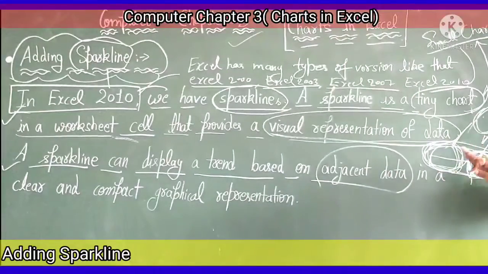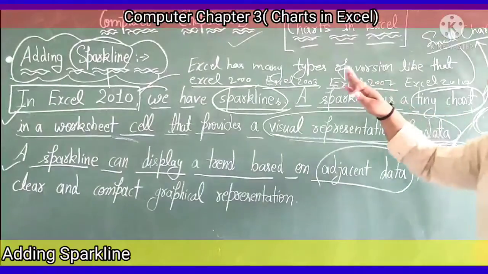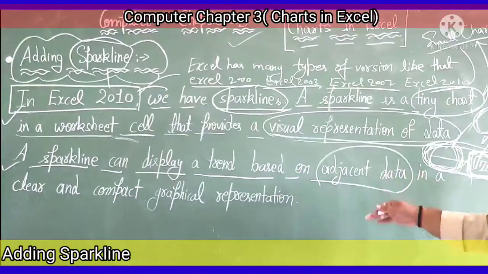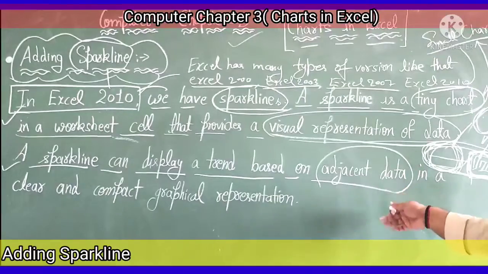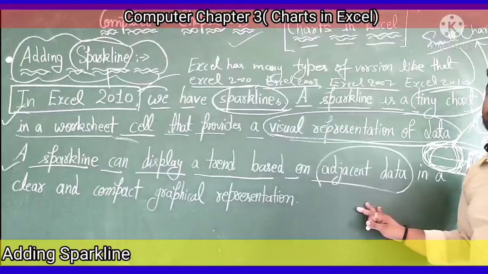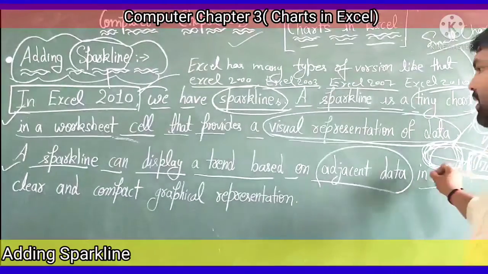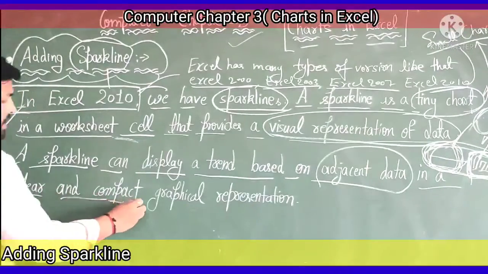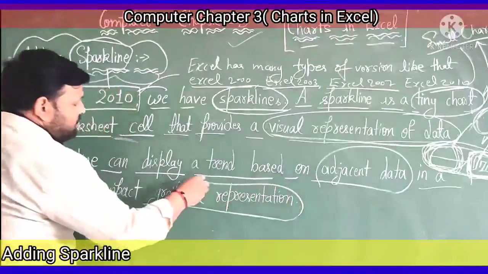If you want to create a tiny chart, or sparkline, it shows the trend based on adjacent data, directly adjoined with that data, in a clear and compact graphical representation.